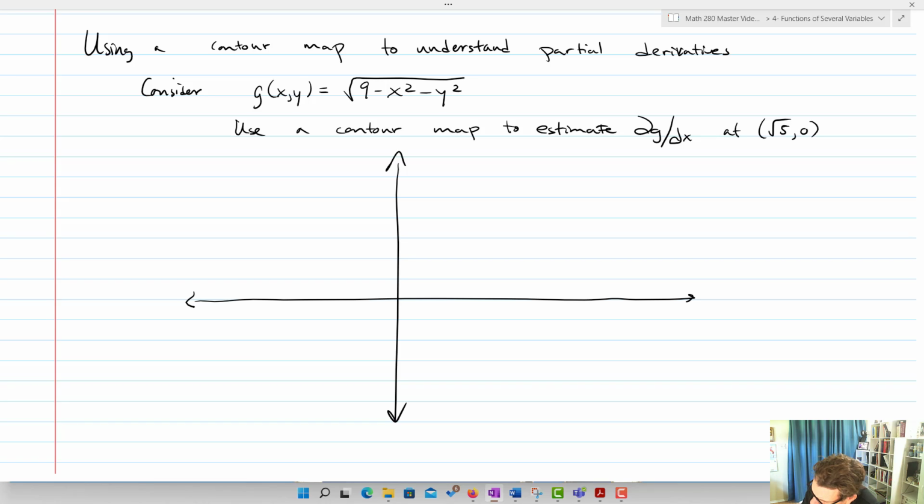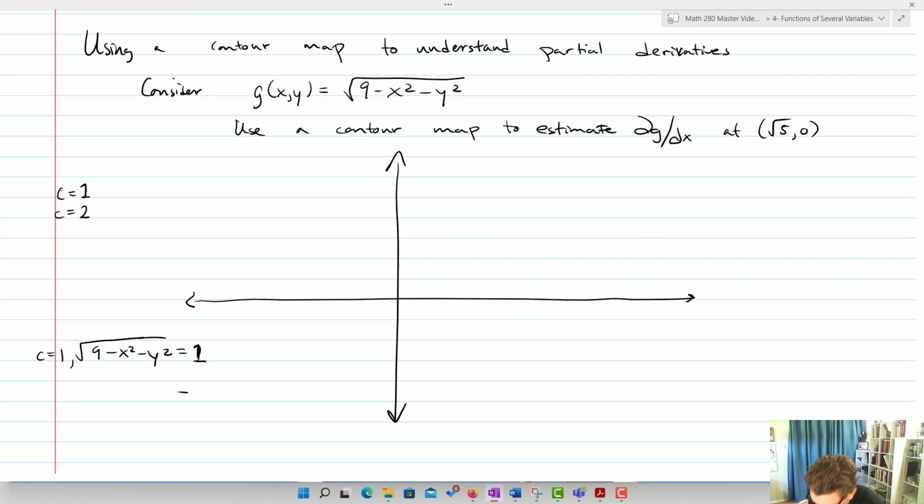And so what we get here is, let's say, for example, I have c equals 1, and I have c equals 2. We'll think about that as z equals 2. So for c equals 1, we get the square root of 9 minus x squared minus y squared equals 1.